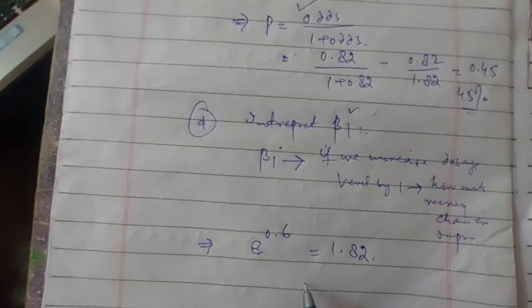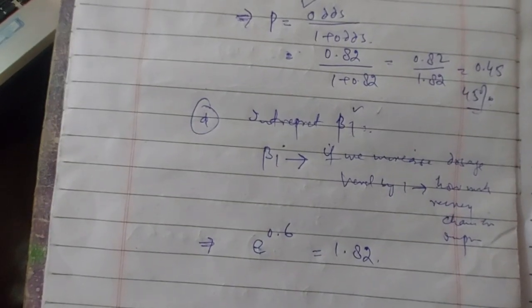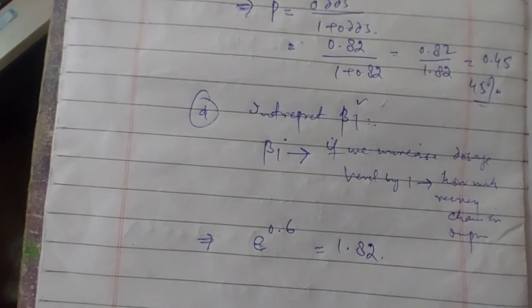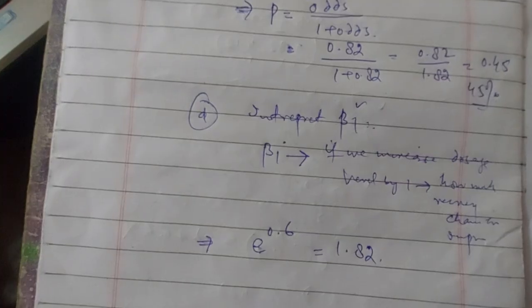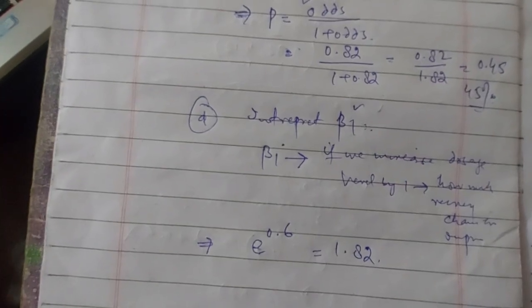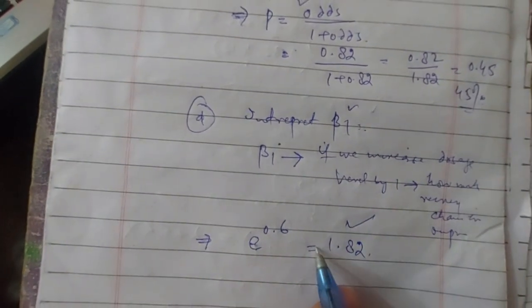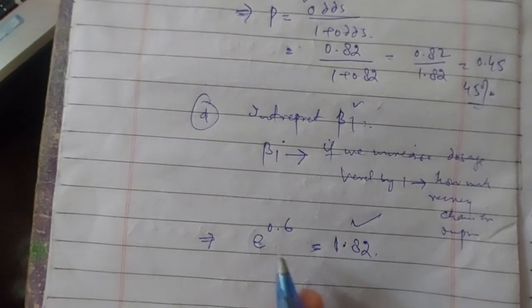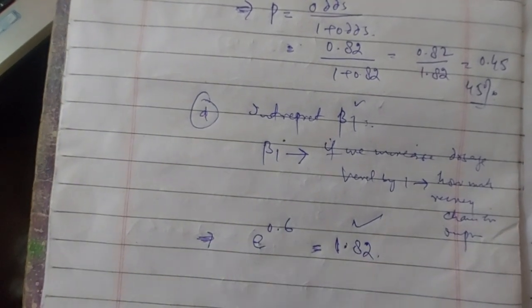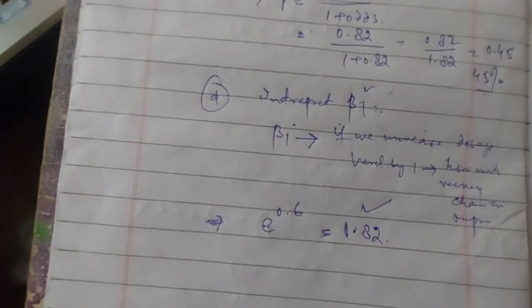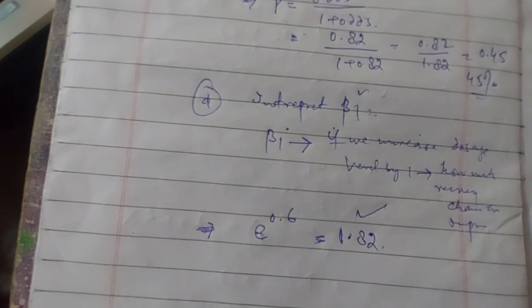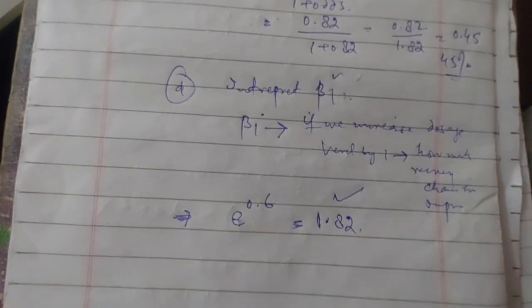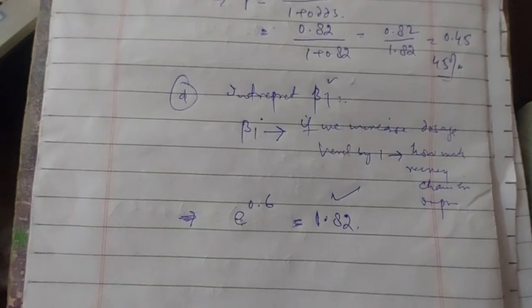So it means that if we increase the dosage by 1 unit, the odds of recovery are multiplied by 1.82. So it increases its chances by 82%. This is the basic interpretation of beta 1.